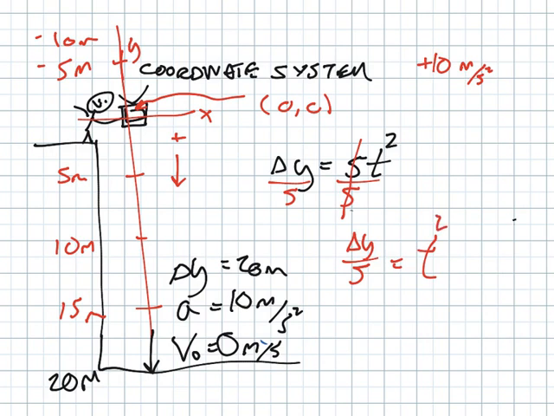Then to get t by itself, I take the square root of both sides. On the left, I can finally plug in my numbers. I have the square root of 20 meters divided by 5 meters per second squared, since the units on that 5 are units of acceleration, and that is equal to t. 20 divided by 5 is 4.